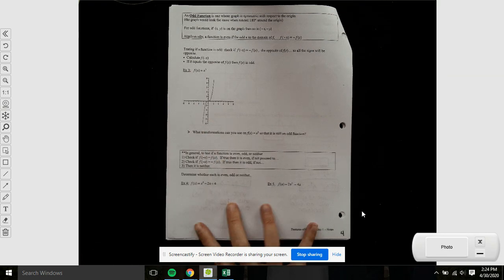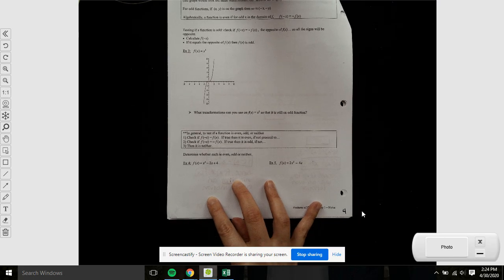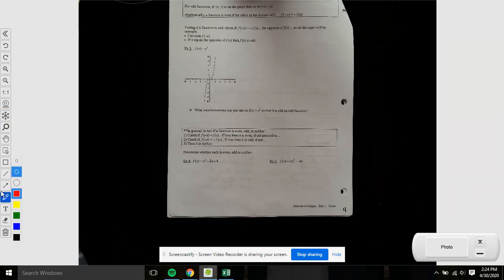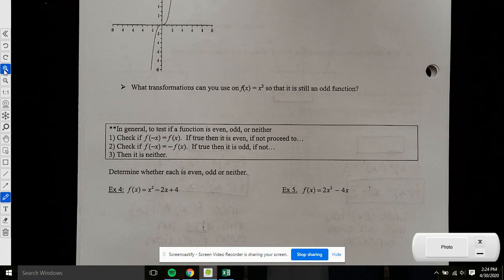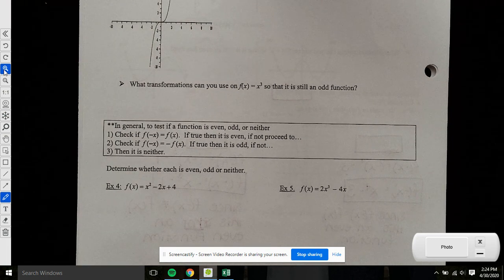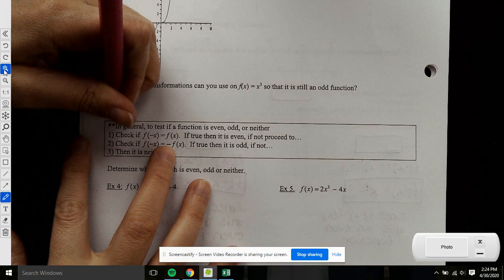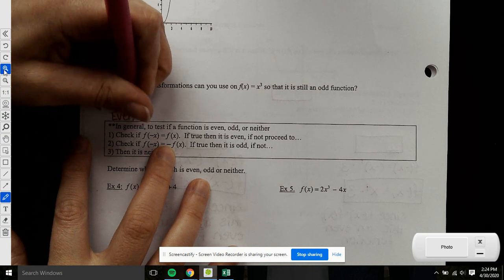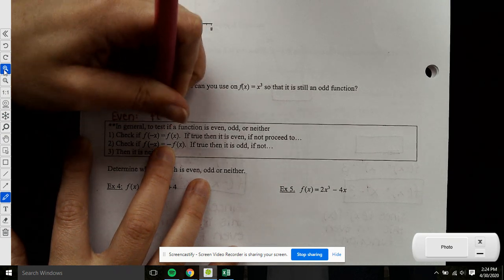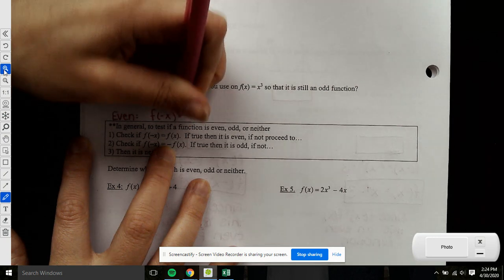Now, we're going to jump down here into testing if a function is odd. When a function was even, let's just recall, that meant that f of negative x equaled f of x.